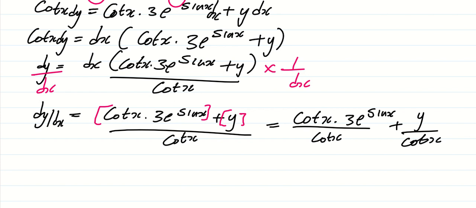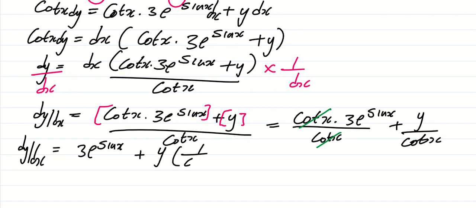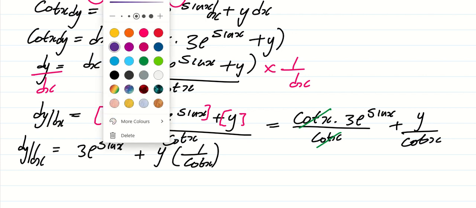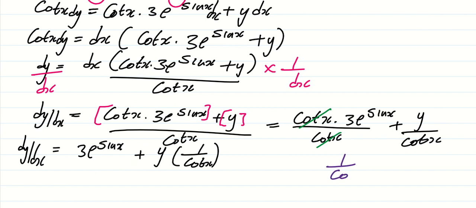Then this is gonna cancel, obviously. Then dy over dx will be equals to 3e sine x plus y, open bracket, 1 over cot x. Let me write on the side. So 1 over cot x is equals to tan x.